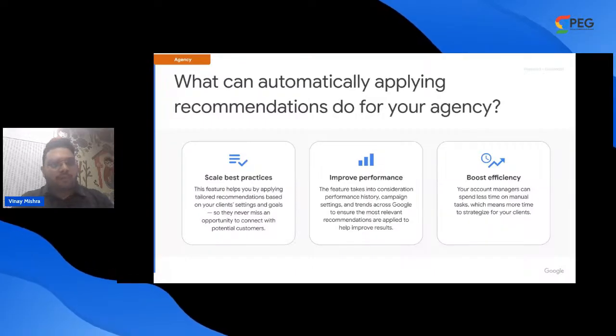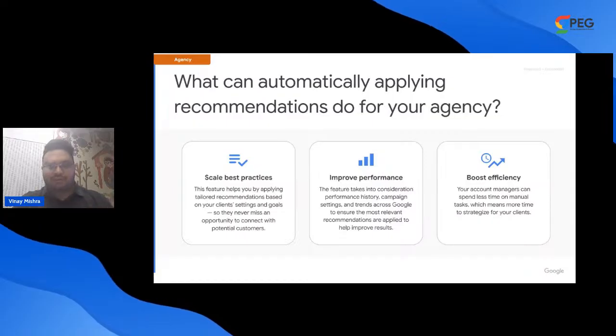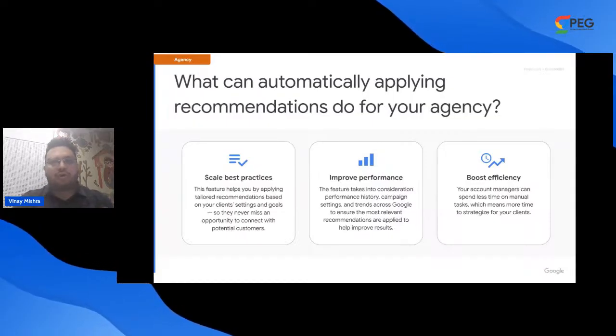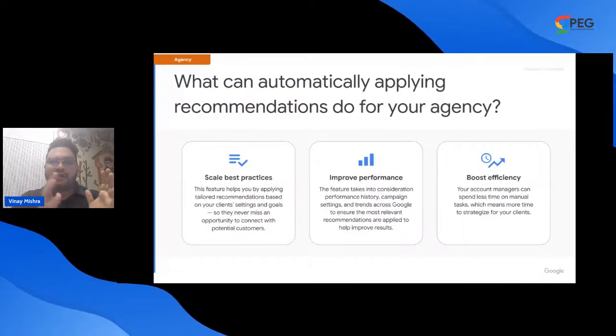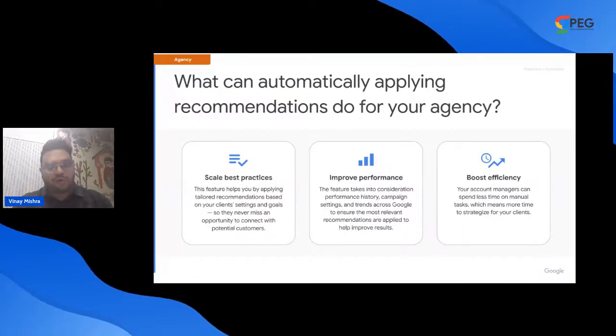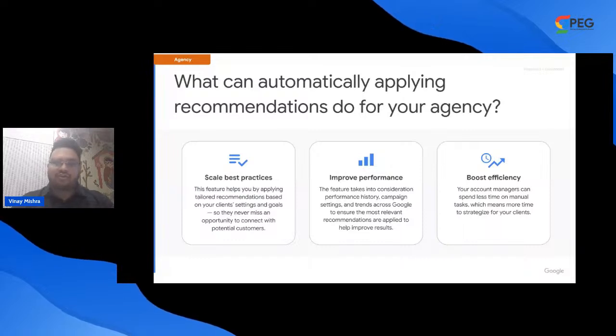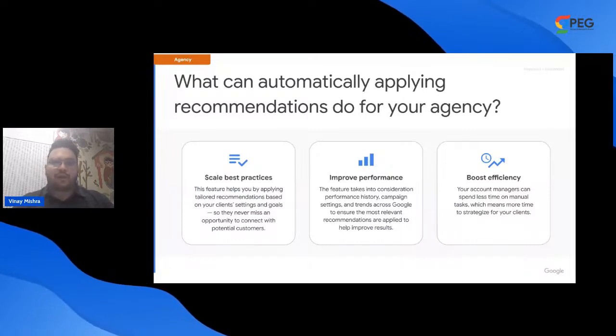So with auto apply recommendations, there's a set of recommendations which are auto applied here. You know that it is taking care of your best practices, improving performance, and at the same time boosting efficiency. So all in all, it works great when you have auto apply recommendations on for your agency as well.